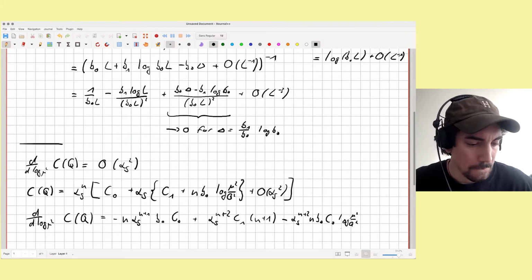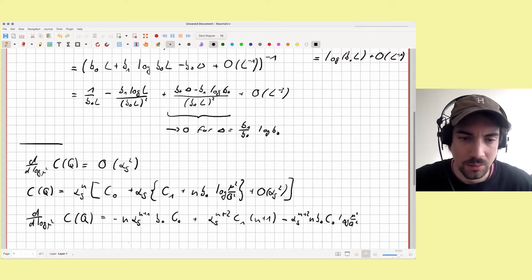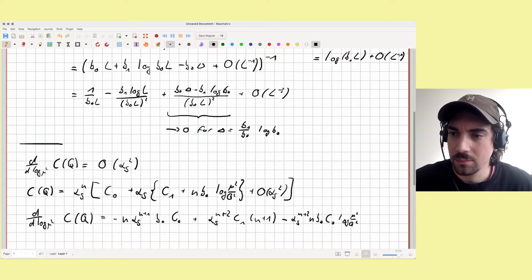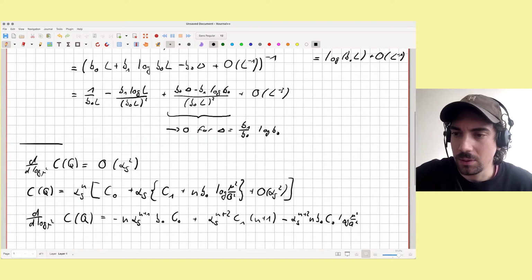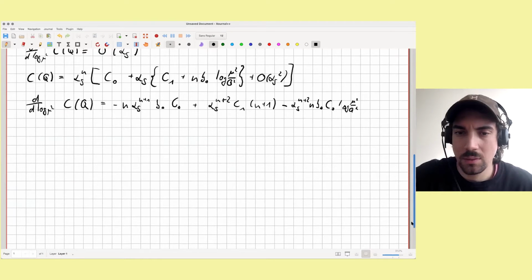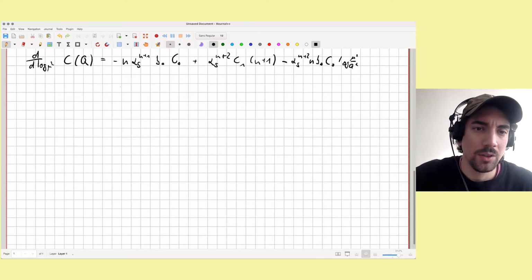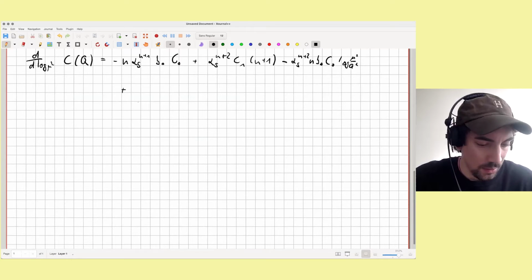Square. And then we have an additional term that goes like this.